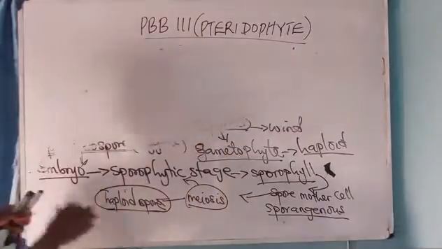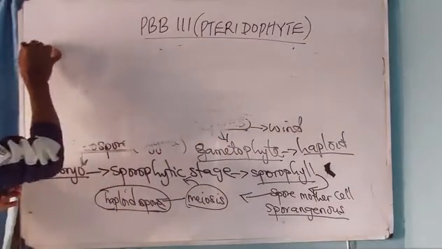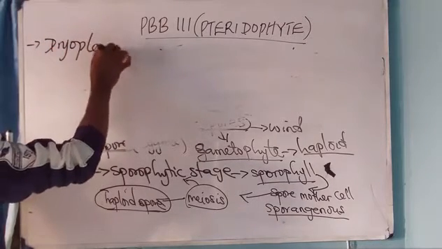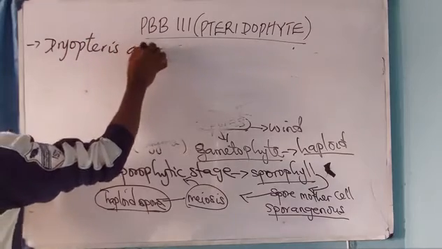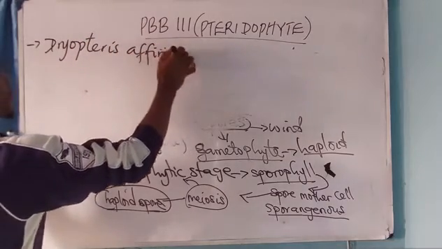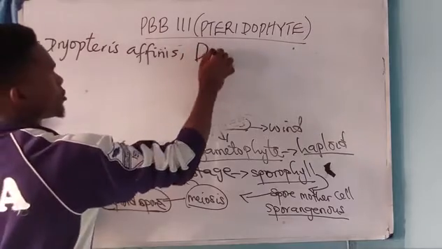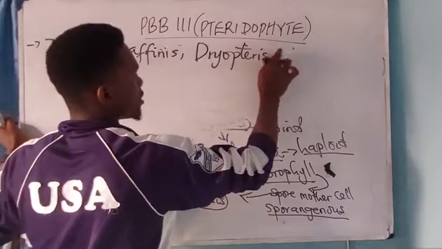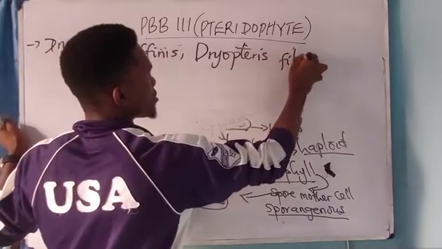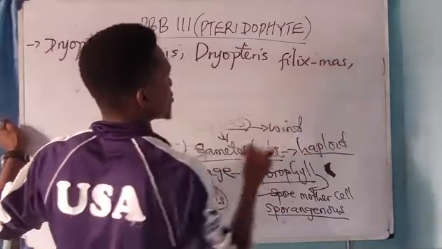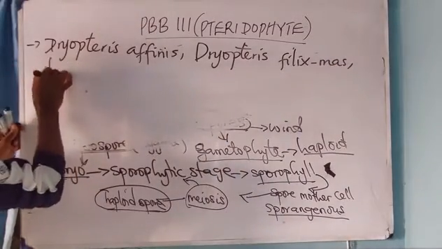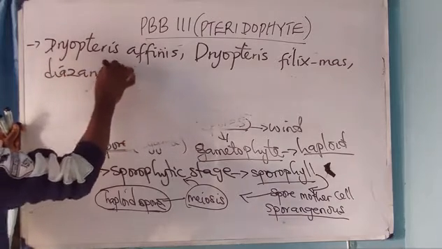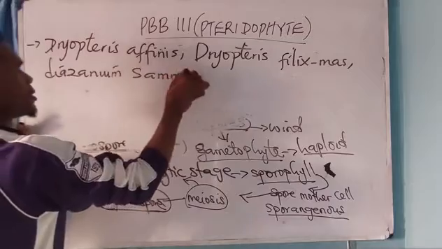So, what are some examples of pteridophytes? Okay, now we have, sorry for the noise, we have Pteris affinis. We have Pteris felix mas. We have Xanom, is it Samatai?